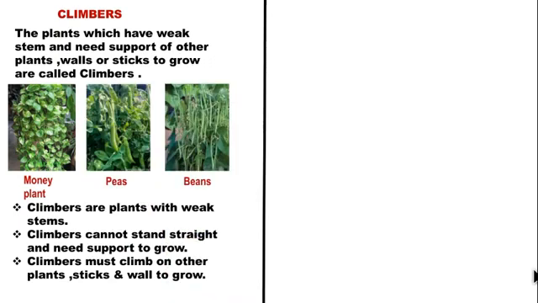So these climbers need support to grow. It may be another plant or walls, or it may be sticks etc. Climbers are plants with weak stem. So these type of plants' stems are very weak and cannot stand straight and need support to grow. Climbers must climb on other plants, sticks and walls to grow.